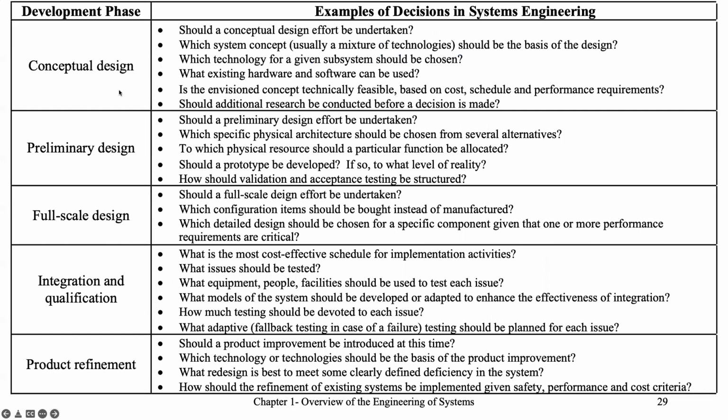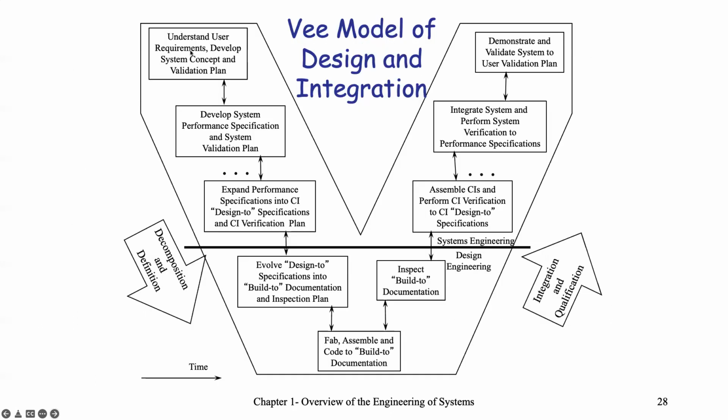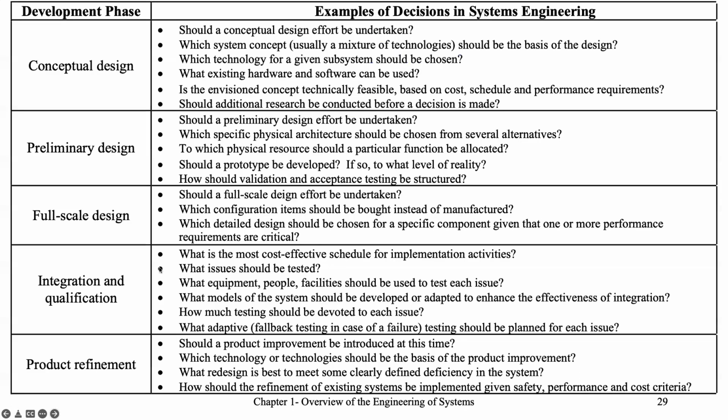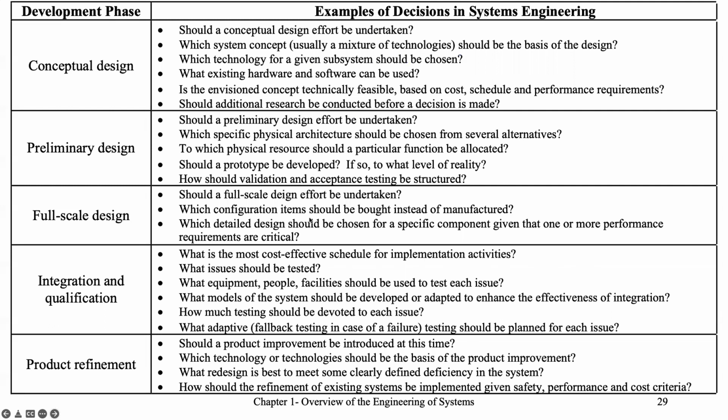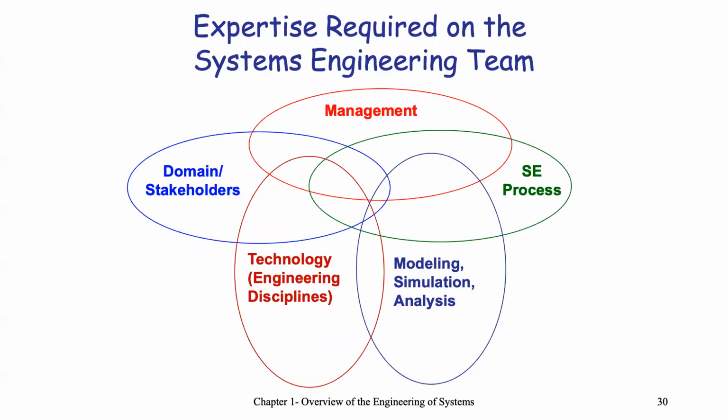You have the conceptual design, the preliminary design, the full-scale design, so this is working down the systems engineering V. Then we move our way up through integration and qualification, and then product refinement, so that's going up this side of the V. I won't read through all of these, but as we go through this course you'll see how we touch on a lot of them, and you may want to come back and reference this table to think about the questions that come up.